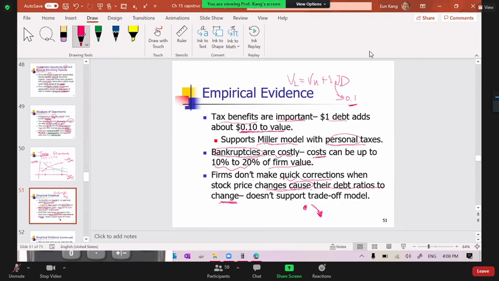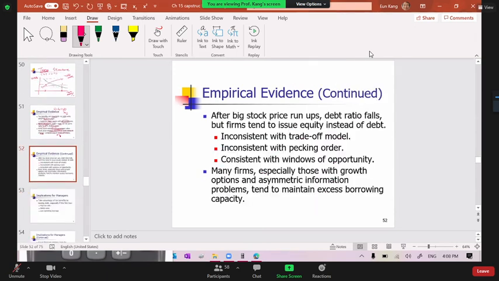They should issue stocks, but they don't do that. So that doesn't support the trade-off model. In other words, they don't make quick corrections. They just let their ratios stay non-optimal for a long time. So that doesn't support the trade-off model.